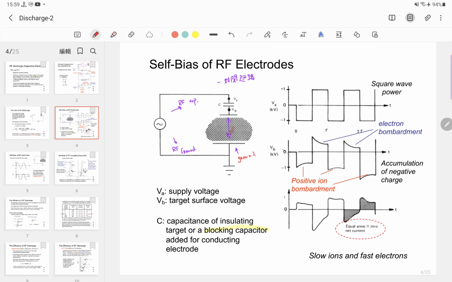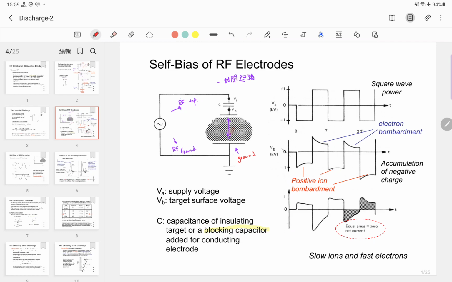So usually in the circuit, in the RF power supplies, and later on, you will know there is another piece of hardware in the circuit, which is called the matching network.